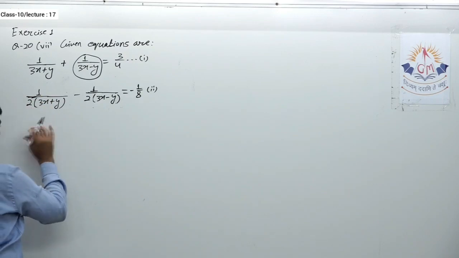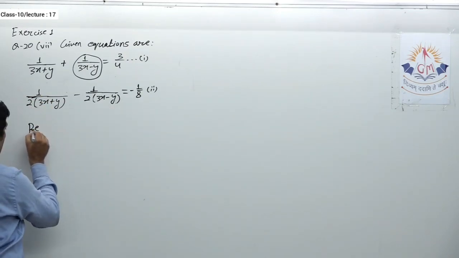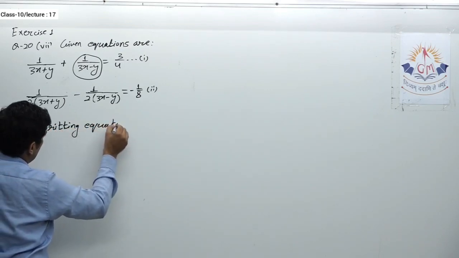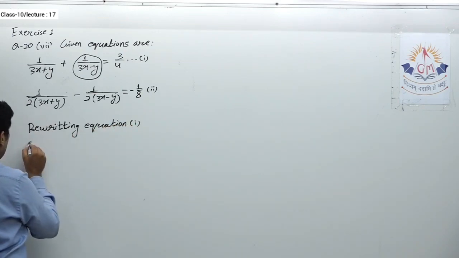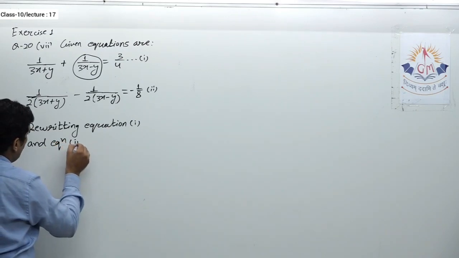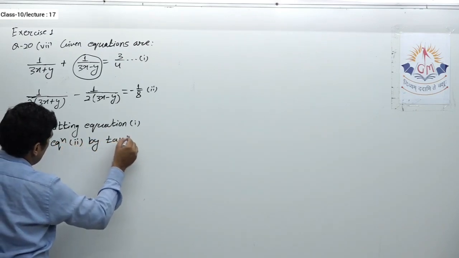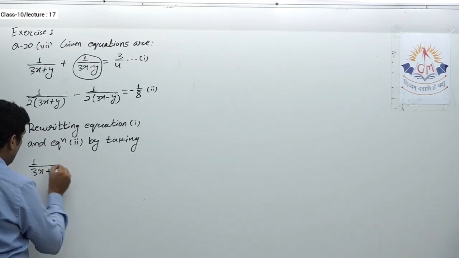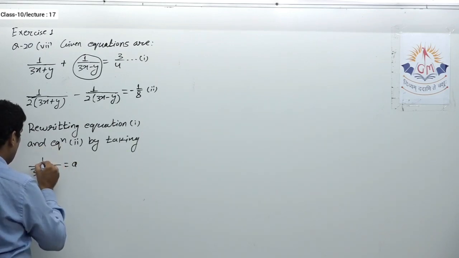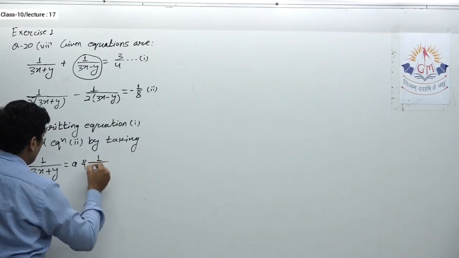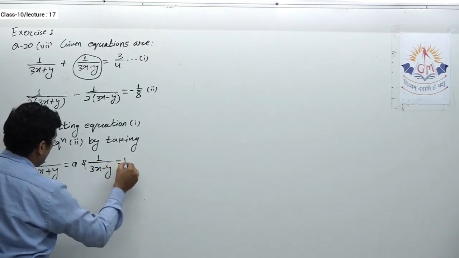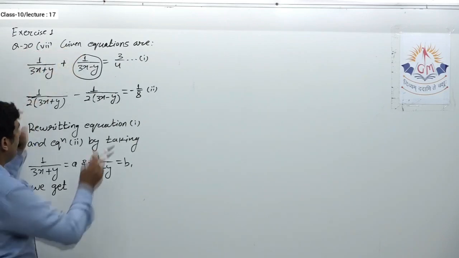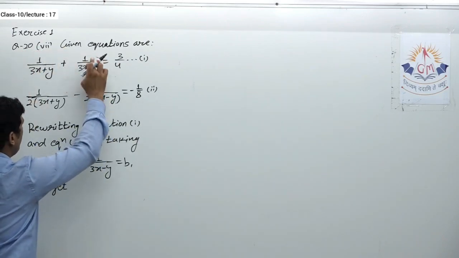Okay, so let us see. Rewriting equation 1 and equation 2 by taking 1 upon 3x plus y is equal to a and 1 upon 3x minus y is equal to b, we get a plus b is equal to 3 upon 4 simply.